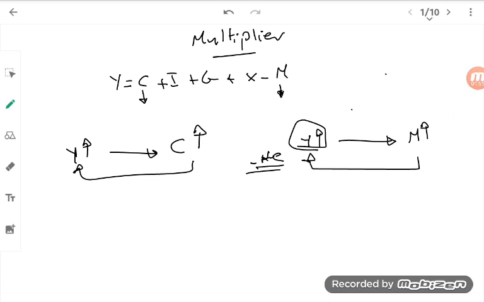So there is a two-way link between aggregate expenditure and real GDP. Then we talked about consumption and the consumption function.